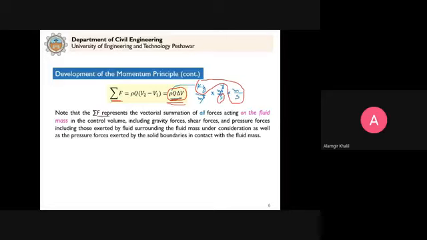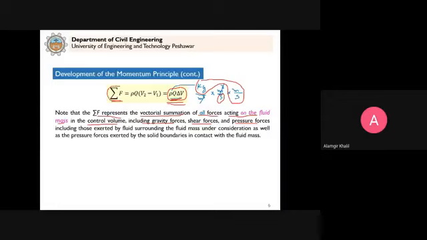So note that this summation of F represents the vectorial summation of all forces acting on the fluid mass in the control volume, including gravity forces, shear forces, and pressure forces. So all the forces due to the weight of the fluid mass, due to the shear forces that are generated, and the pressure forces will be in this summation of forces.